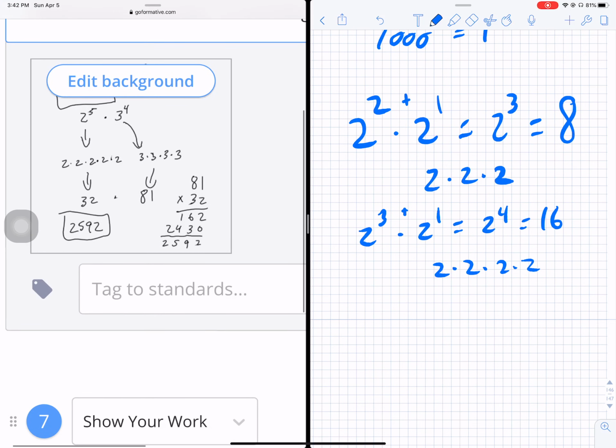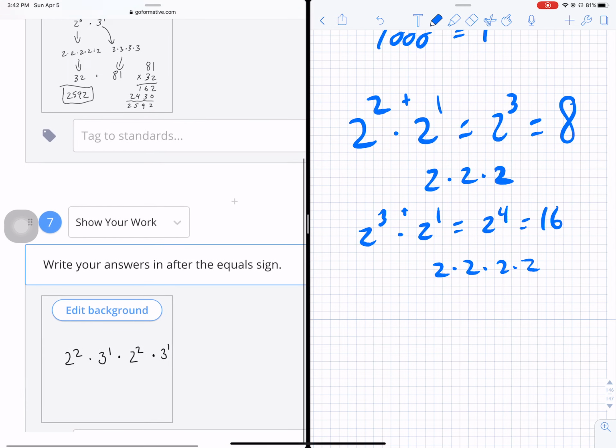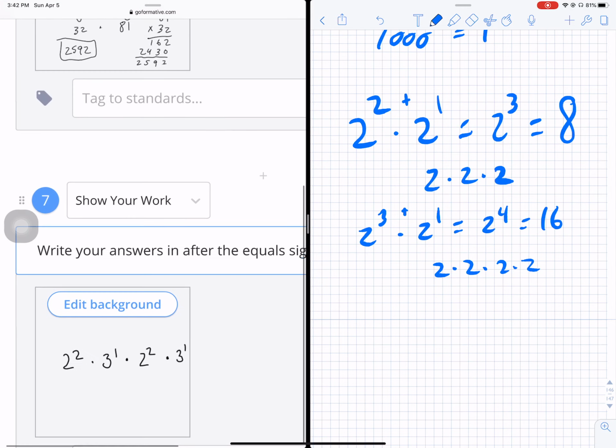This is showing you 2 to the fifth times 3 to the fourth, showing you the big answer, 32 times 81, and how it's that, okay? That's a good example. That's like me showing you, right? So you can use that one to help you do the next one right here. Two to the second doesn't go with these ones. It goes with this one. And we can add these ones.